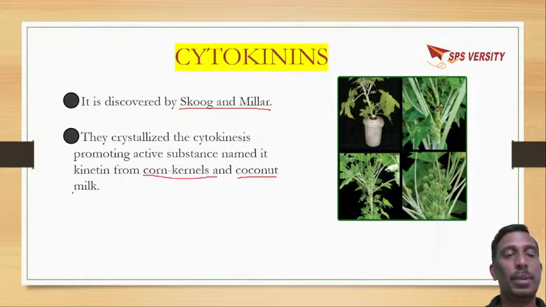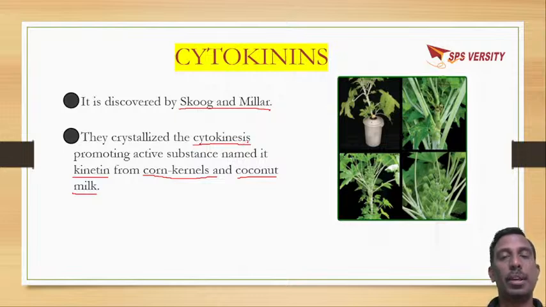The active substance from coconut milk and corn kernels is called kinetin. So why has the name cytokinins come? The reason is that it promotes cytokinesis during cell division.